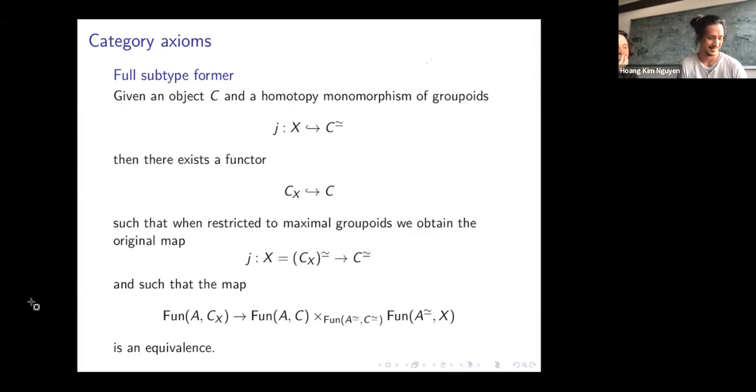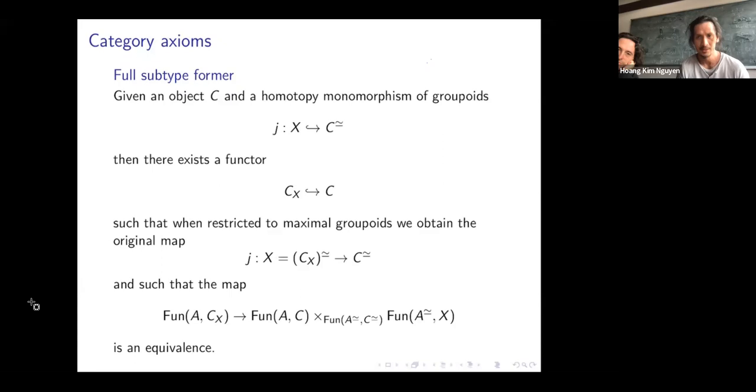It means essentially that given a full subgroupoid of the groupoid of the core of a category, then there is a corresponding full subcategory.